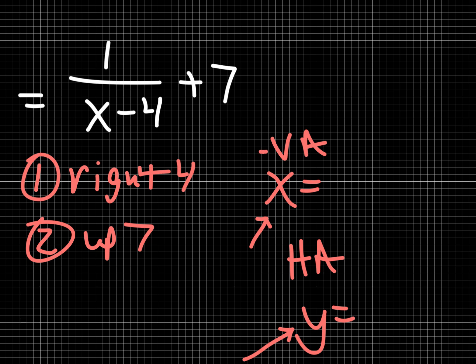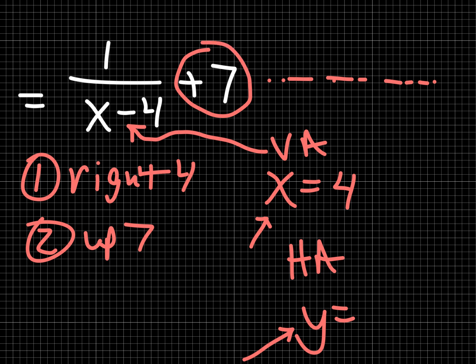And the vertical one is coming from down here, and you don't trust it, so it's not -4, it's 4. And the horizontal one is the one that gets moved up. You know the horizon line that goes across like this? It got moved up 7, so that's the new horizontal, and you trust it, so you just say y equals 7.